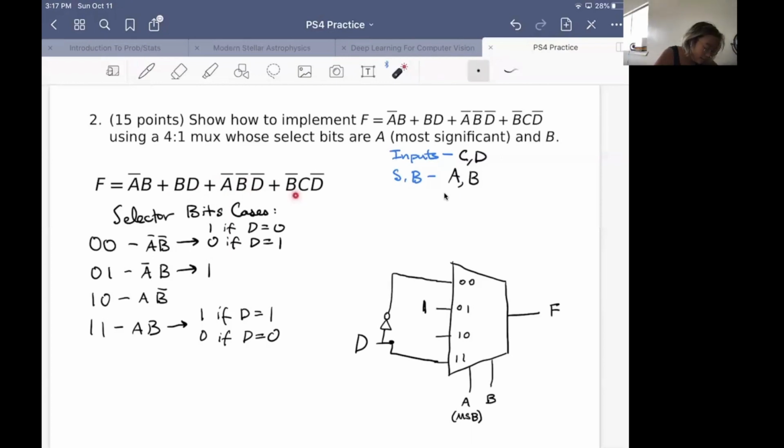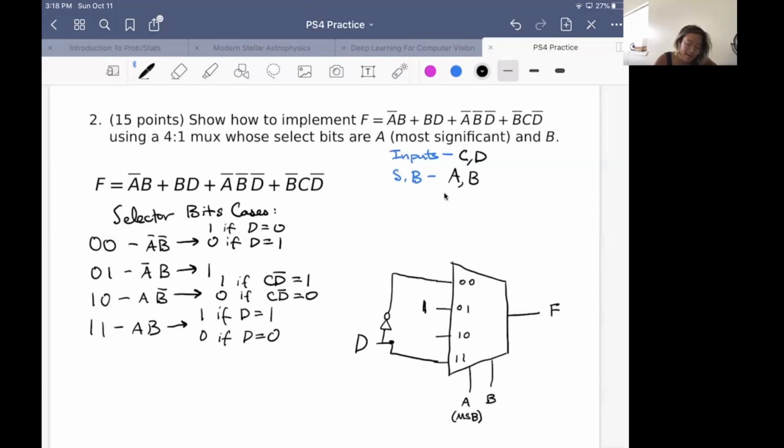So for our very last minterm, not B, C, not D, this is going to be related to the cases where B is equal to 0 and A can be anything. But given that we've dealt with the other case where A, B equals 0, 0, then we know this is going to be the case for mux input number 2, or the case where it's equal to A, not B. So I know I'll get a 1 at this input if C not D is equal to 1, and a 0 if C not D is equal to 0.